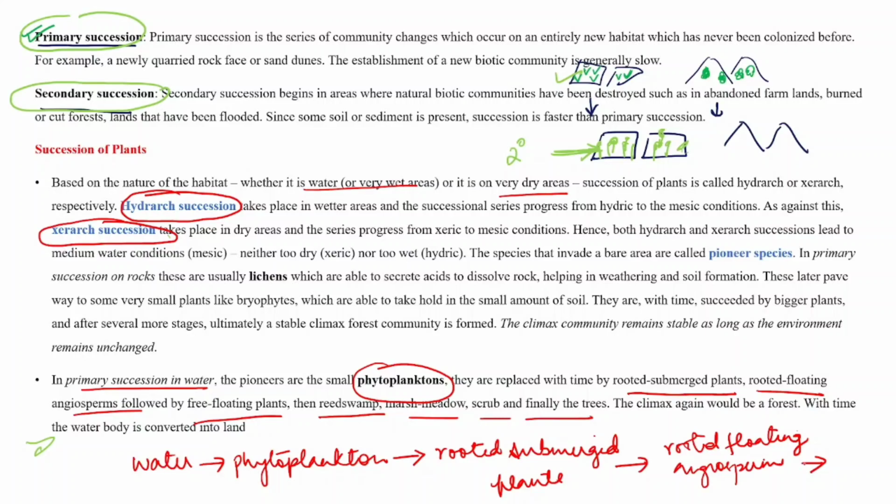Rooted floating angiosperms are again replaced by free floating plants, and this has been again replaced by reed swamp, and reed swamp has been again replaced by marsh meadow, this has been replaced by scrub, and finally you can see trees. So this is a succession. Clear?